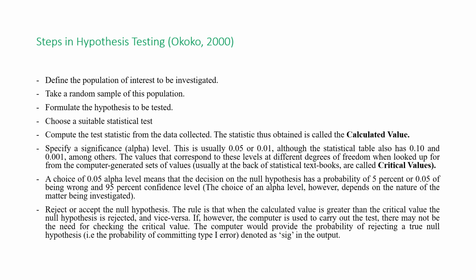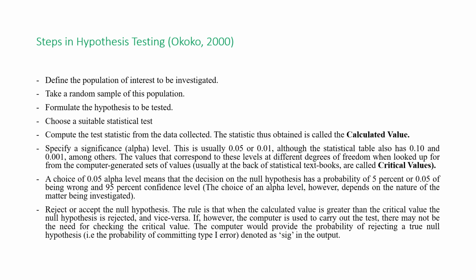The next step according to this procedure, which of course might have come earlier, is to specify the significance or alpha level. This is usually 0.05 or 0.01, although the statistical table also has 0.1 and 0.001 among others.